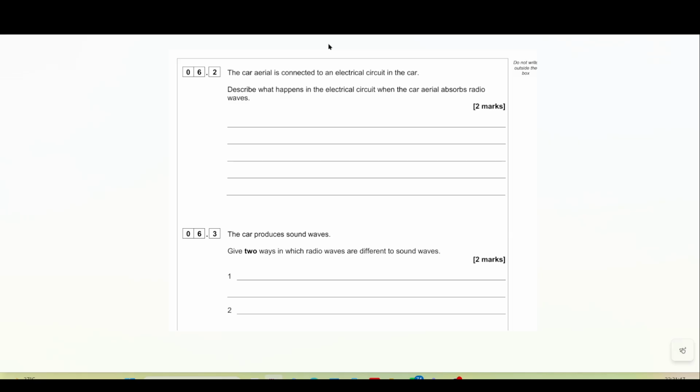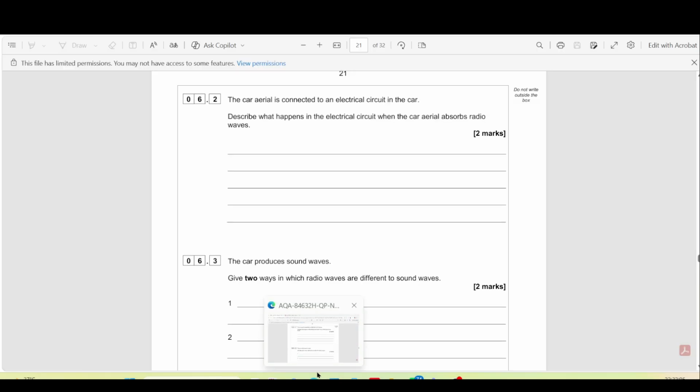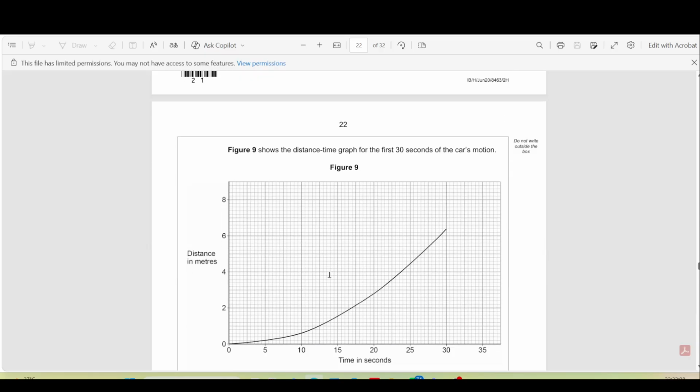Also, radio waves are transverse, and sound waves are longitudinal. Any electromagnetic wave is transverse.